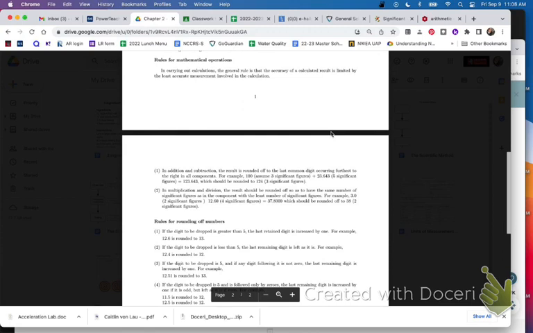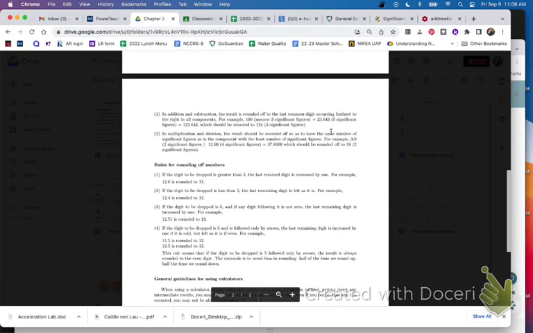I almost forgot, before I have you actually round these off, that you need reminders of the rules for rounding. Okay? For the most part, it's very similar to what you're used to. If you're dropping a number that is greater than 5, you're going to round your last digit up. If you're dropping a number that's less than 5, you'll leave it as is. Those are standard rounding practices.